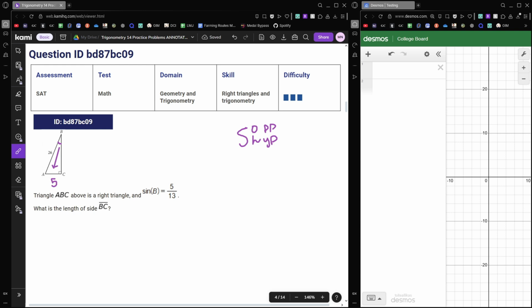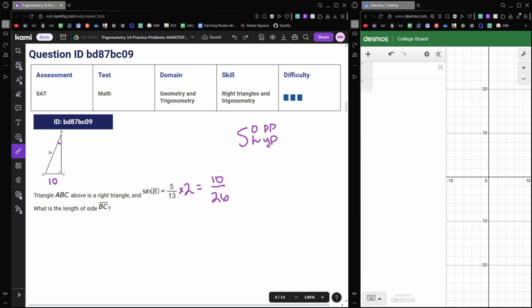And then the hypotenuse is going to be opposite of the right angle, and that's going to be 13. However, you'll notice here that the actual length of the hypotenuse is 26 and not 13. But I think you can tell what they did. All they did was multiply this ratio by 2 to get 10 over 26. So that means that this side down here, the side opposite of angle B, would actually be 10.